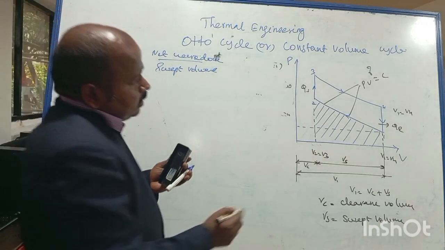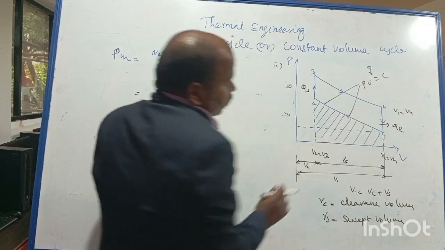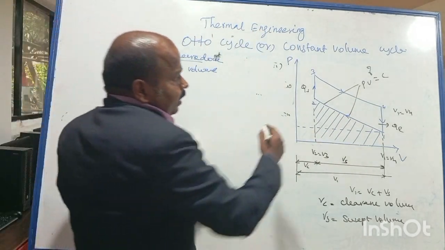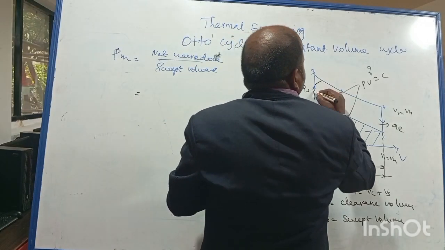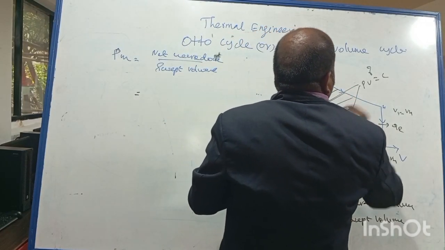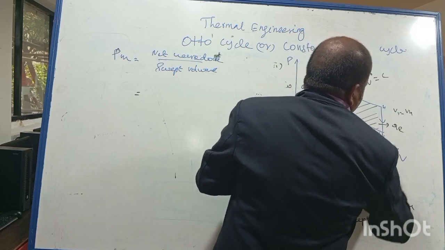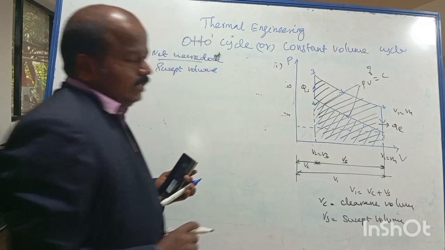Similarly, look at process 3 to 4. This is the work done by the engine during the expansion stroke. I have shaded this in black. So this is the work done by the system.